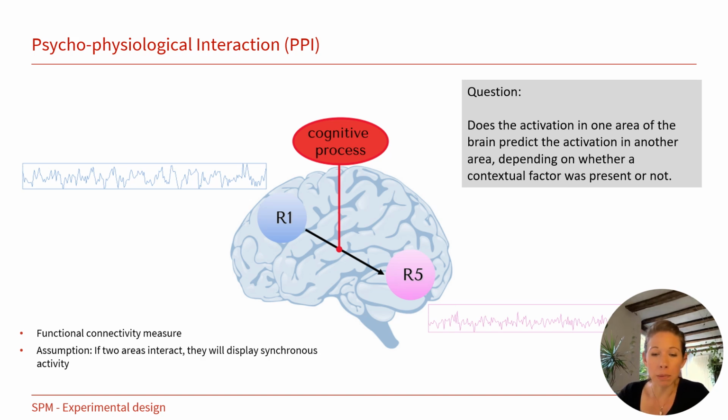An example is the functional connectivity between two brain regions as a function of attention. Let's assume that only in a high attention state, two brain regions, as for instance here, R1 and R5, are highly interconnected, highly synchronized, whereas in states of low attention, they are not. Such research questions can be answered using psychophysiological interaction.